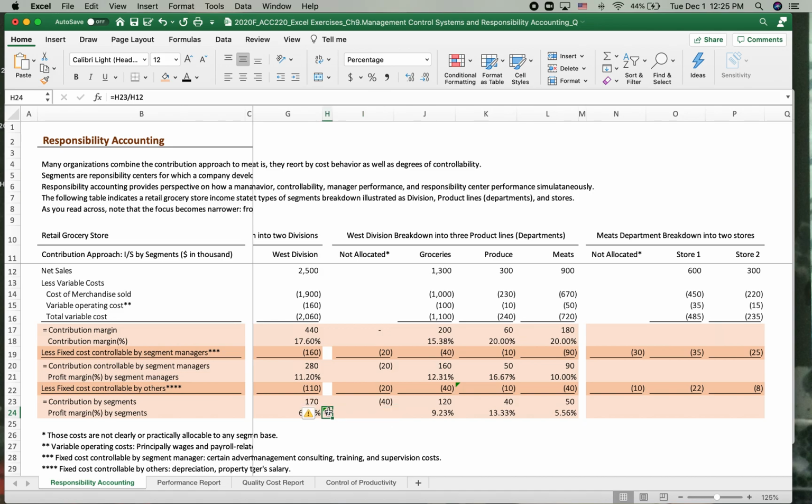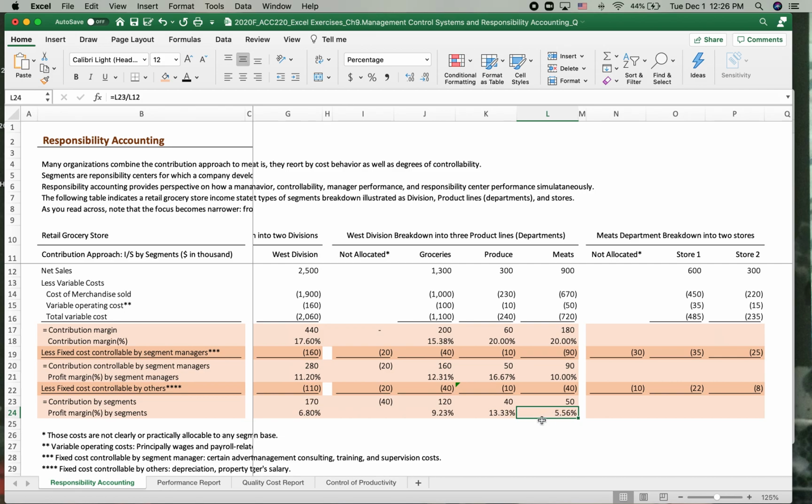We can see that the contribution profit margin percentage by segment in the produce department is highest, and then grocery, which is higher than the West division, but this 5.56% is very low.